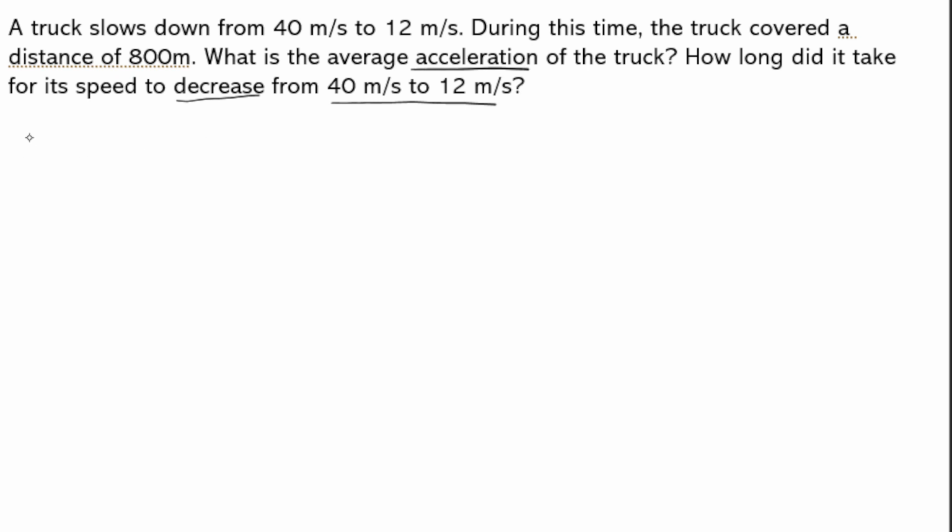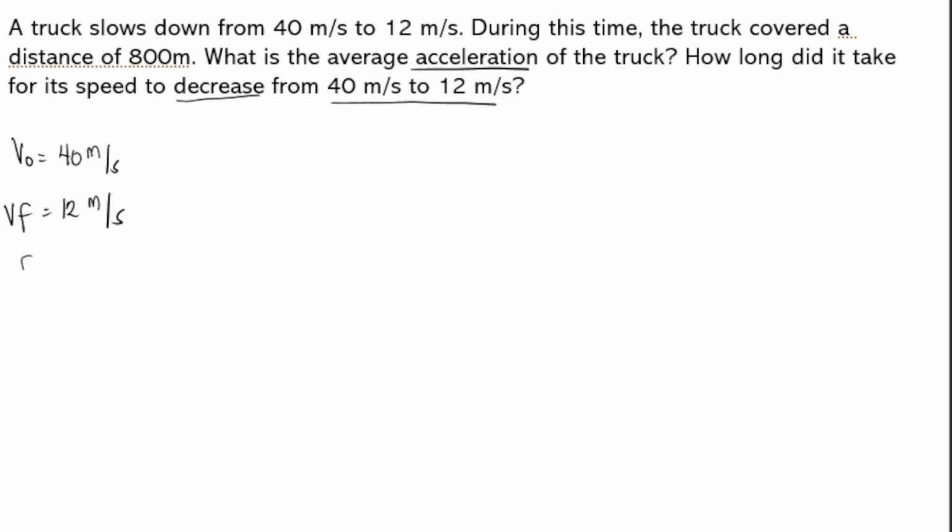So before we continue with our solution, let us take down all of our givens. V naught, according to this problem, starts from 40 meters per second and ends at 12 meters per second.